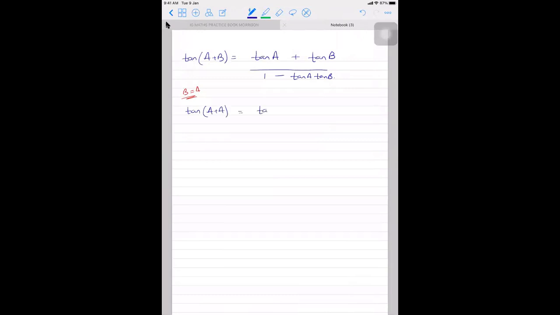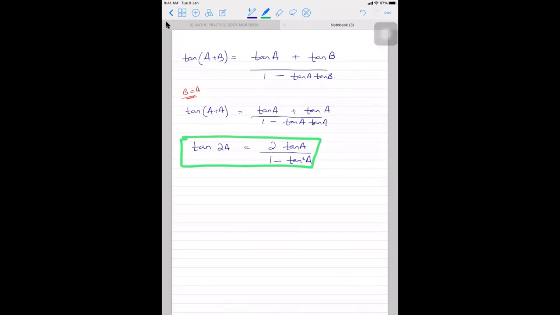And on the right hand side, I'm going to replace tan B with tan A. So tan a plus tan a is 2 tan a over 1 minus tan square a. So tan 2a can be written as 2 tan a over 1 minus tan square a. So these three formulas are known as the double angle formulas.